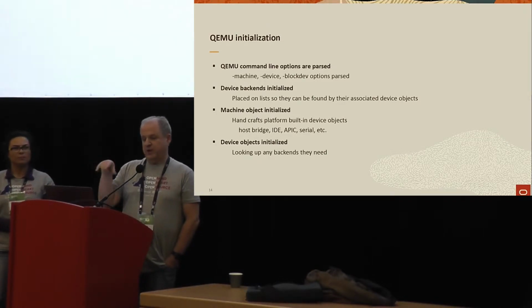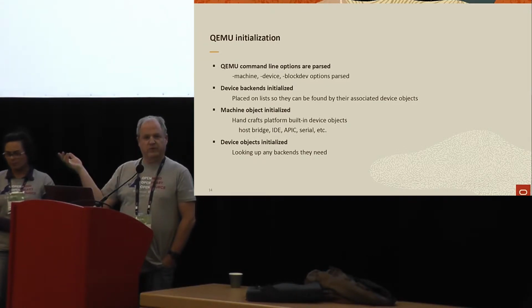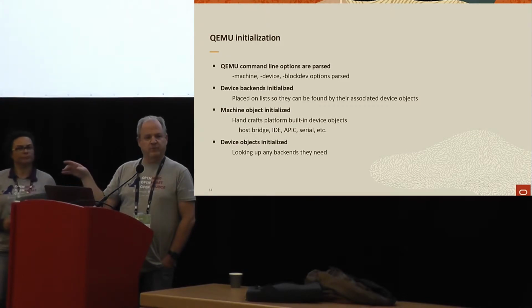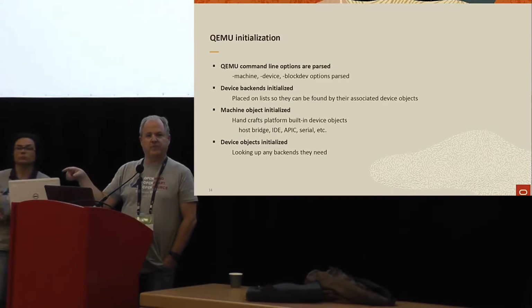Then the machine object is initialized, and it handcrafts the built-in devices, say an IDE device, or for our purposes, the built-in PCI bus. Finally, after the machine object is instantiated, all the device objects are instantiated, and as they are instantiated, they look up their backend so they can do I/O to the host.